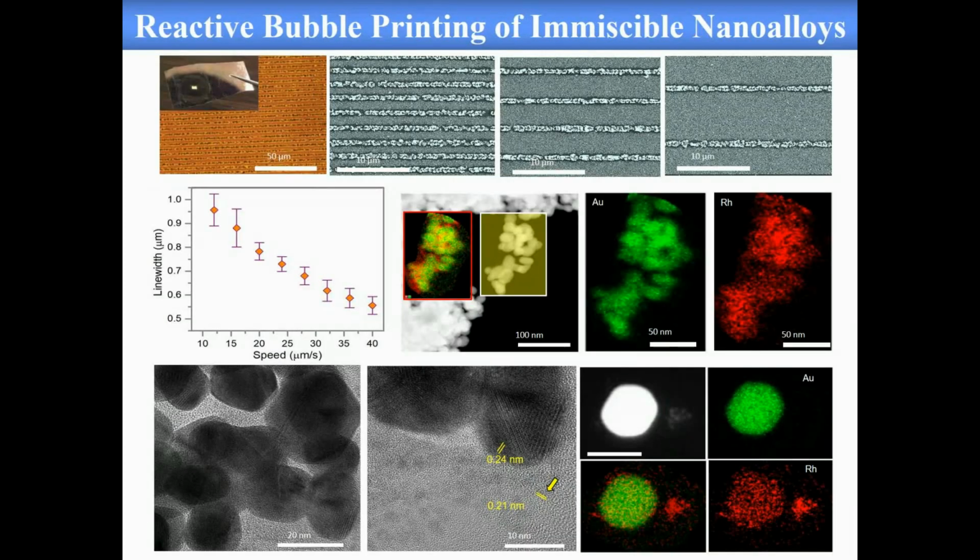And also, we can make something which, as I mentioned, is not easily synthesized conventionally. In particular, alloys composed of elements that do not mix with each other well, right? We call them immiscible. A lot of the time, these alloys are immiscible, but interestingly, when you can find a way to mix them, you can form very new properties, like catalytic ones, for example.